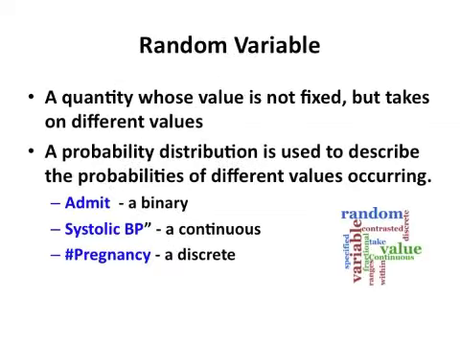So a random variable is a quantity whose value is not fixed, but varies according to a probability distribution. For example, we have a binary random variable like admitted to a graduate school or not. It's binary.